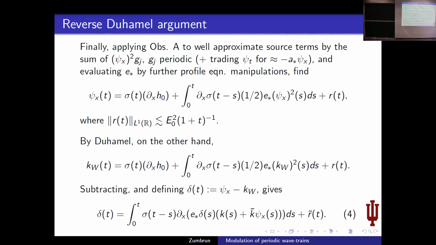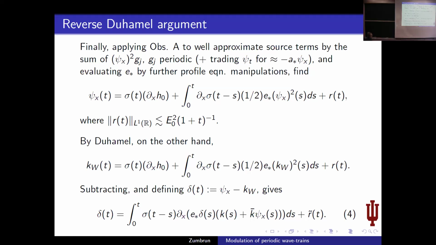And now I'm defining delta to be the difference between the two. So I pull out a delta in the quadratic term, since I'm just using the difference between two quadratics, the sum and the difference. So I get delta plus the sum. And now I have an expression for delta.